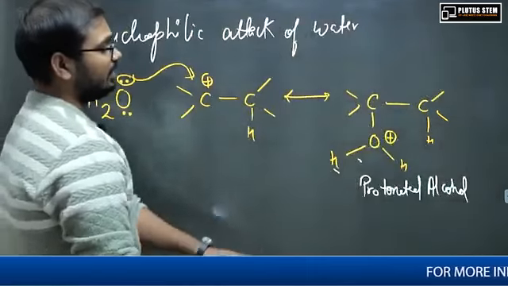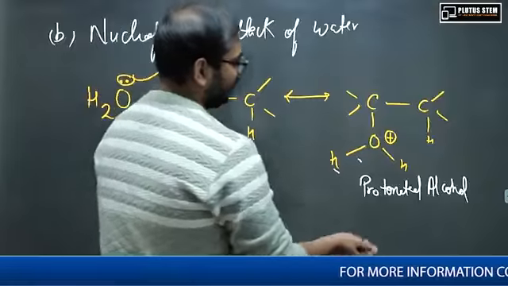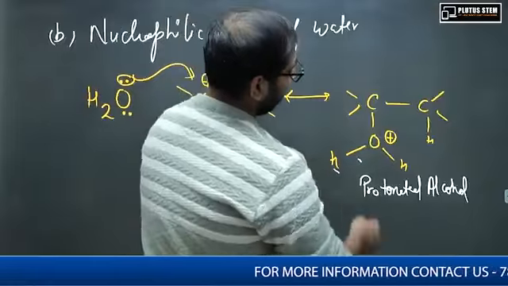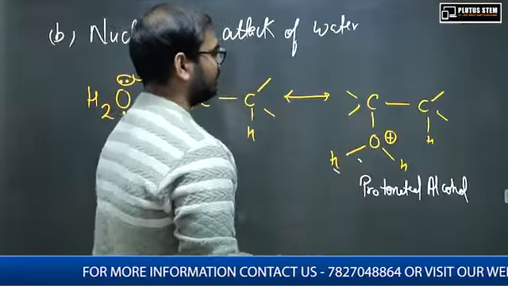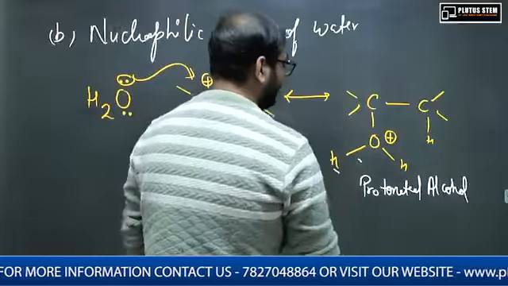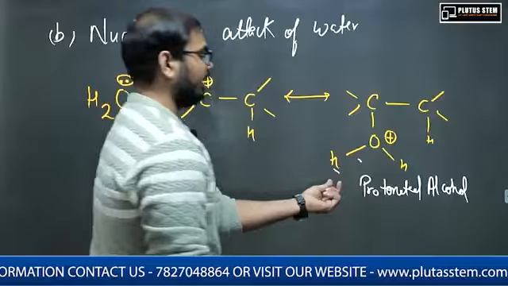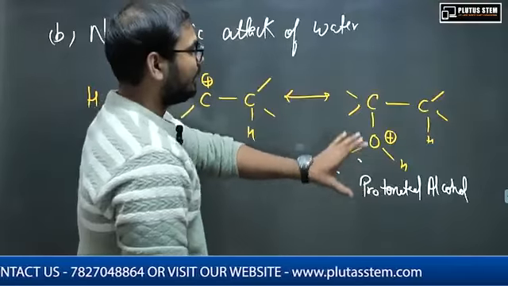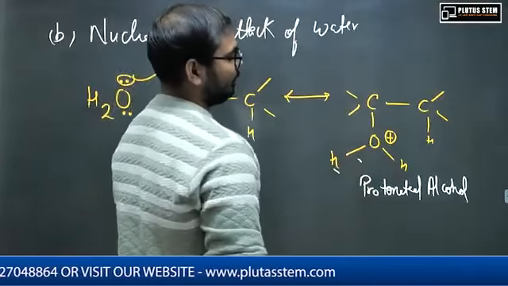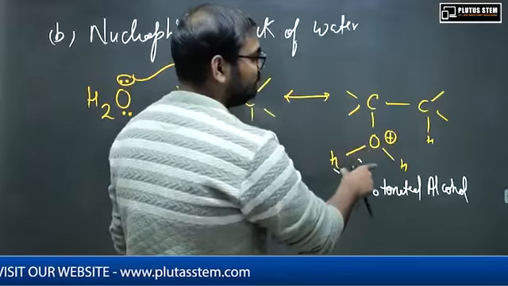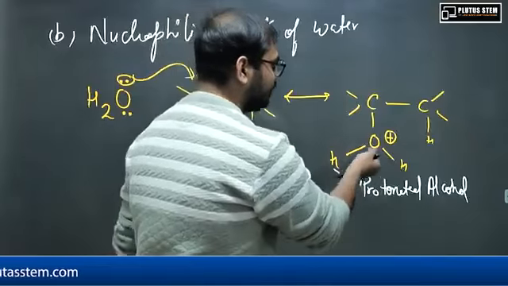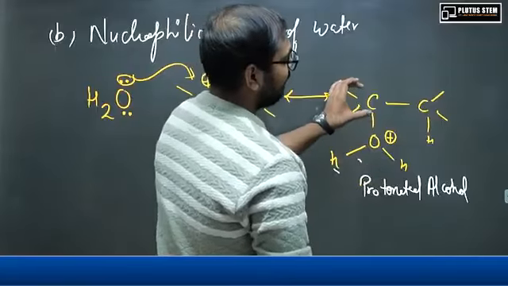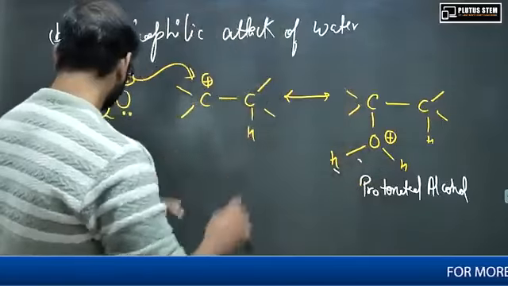This protonated alcohol needs to get stabilized. So the only option is I can either withdraw electrons from the carbon oxygen bond or from the hydrogen oxygen bond. Now since the electronegativity difference between the oxygen and hydrogen is much larger compared to the carbon oxygen bond, it is much easier for the oxygen to take the electrons from the hydrogen oxygen bond rather than the carbon oxygen bond.